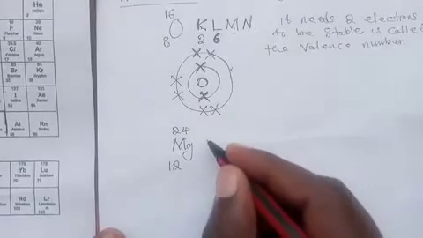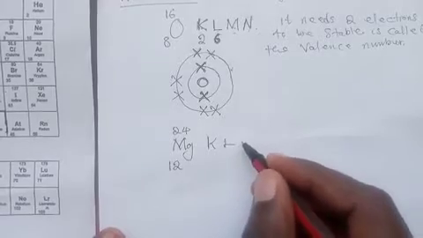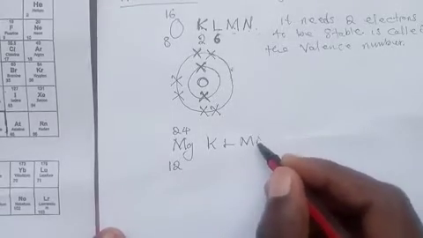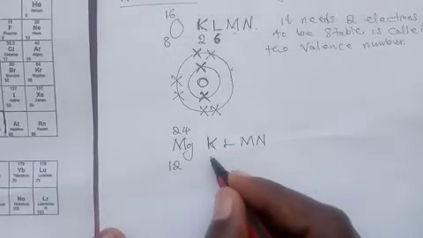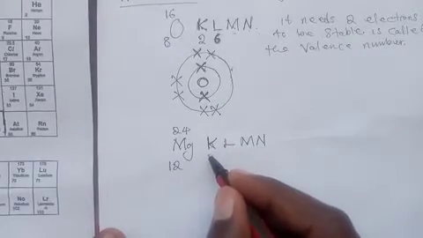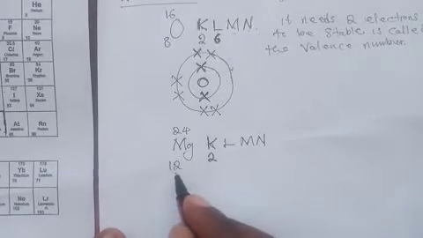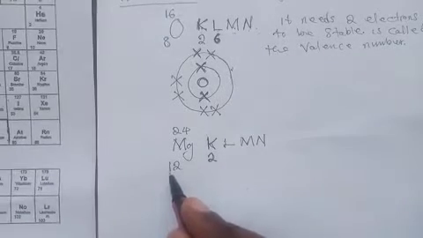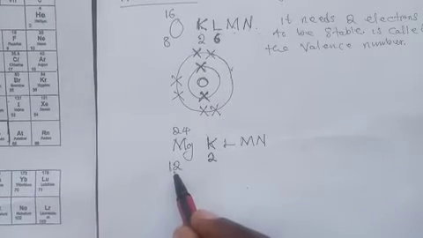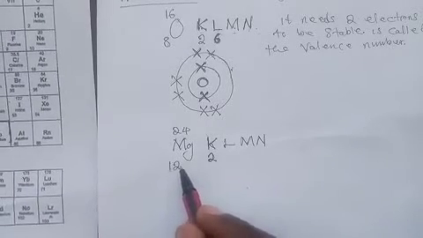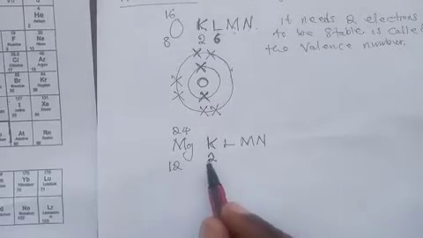So here, this is the K energy level, L energy level, M, and N. I said that the first shell always occupies only two electrons. So when you subtract 2 from 12, it is 10.